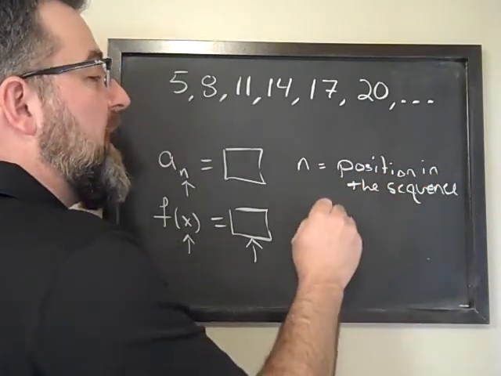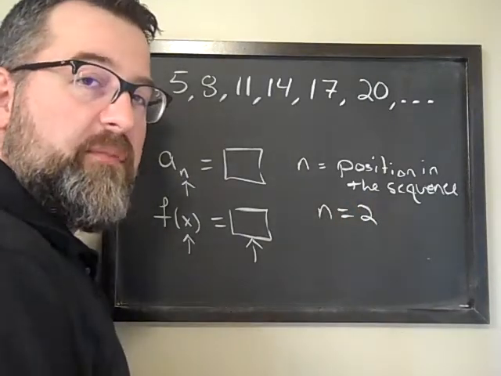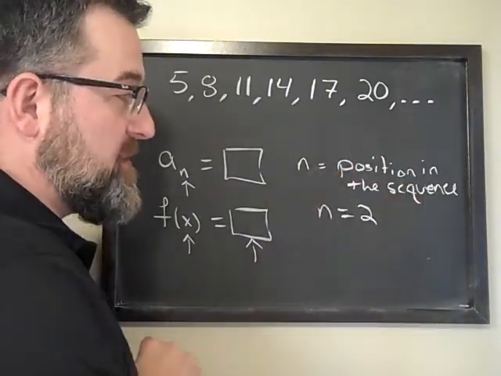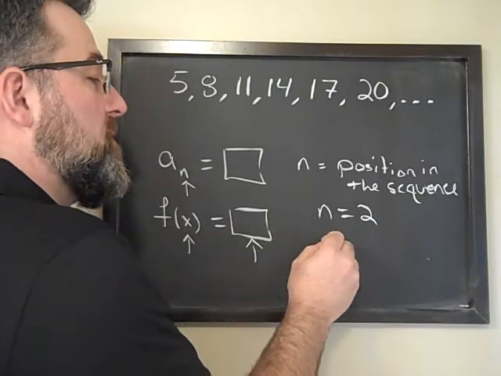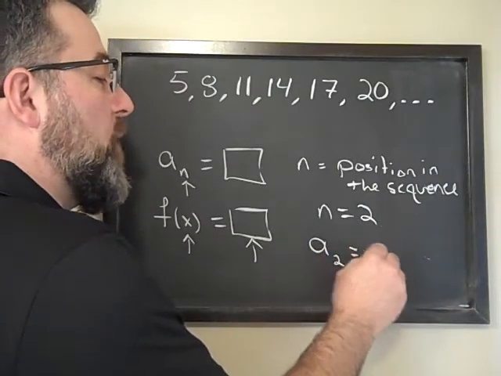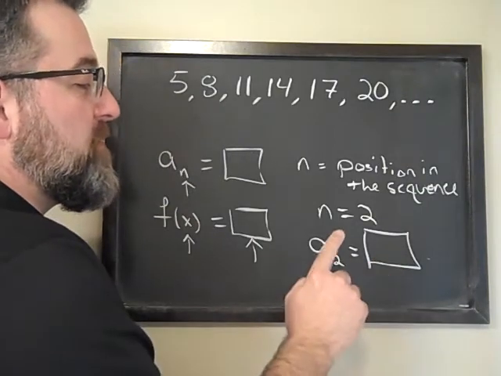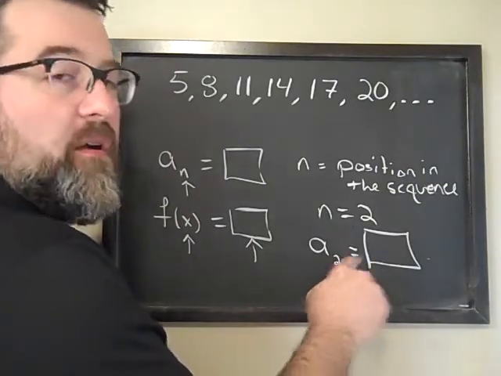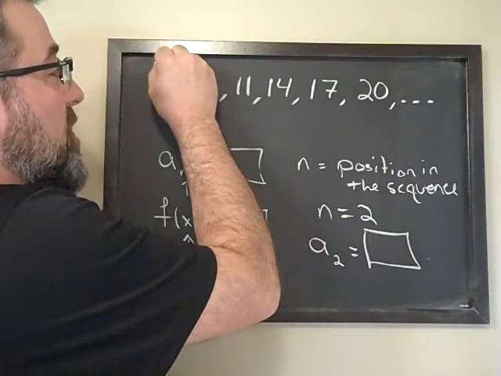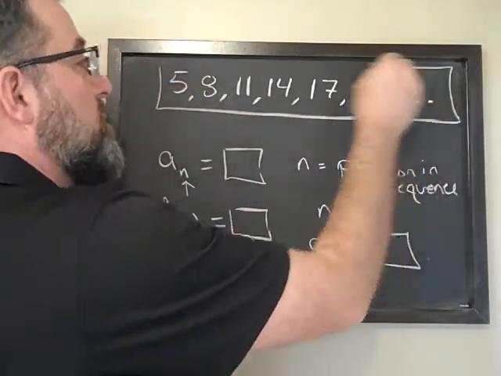So if we see n equals 2, it means it's the second position in the sequence. So a sub 2, whatever we get for a sub 2, represents what the second term of the sequence is.